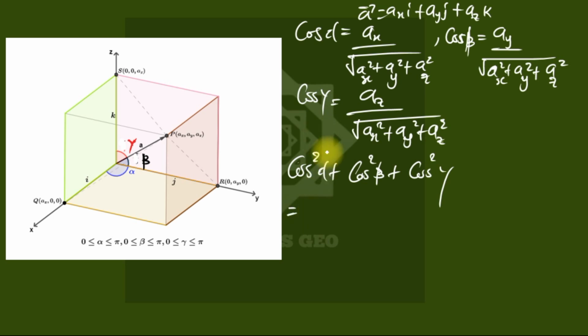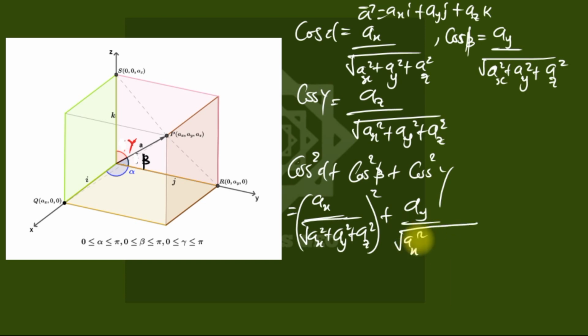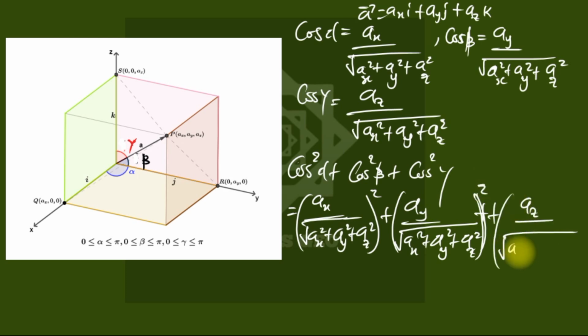So this is a_x over the magnitude, squared, plus this squared, plus a_z, squared. So you notice we'll get something unique.